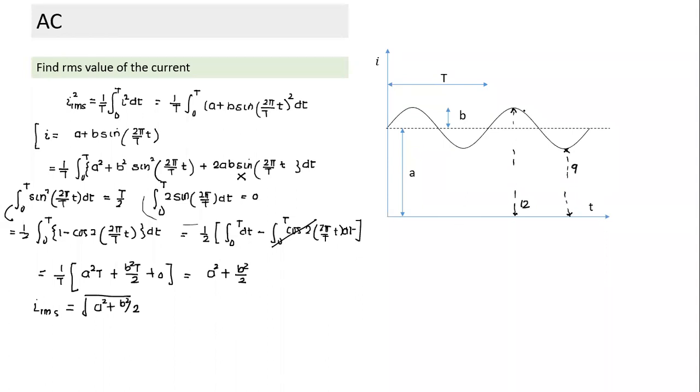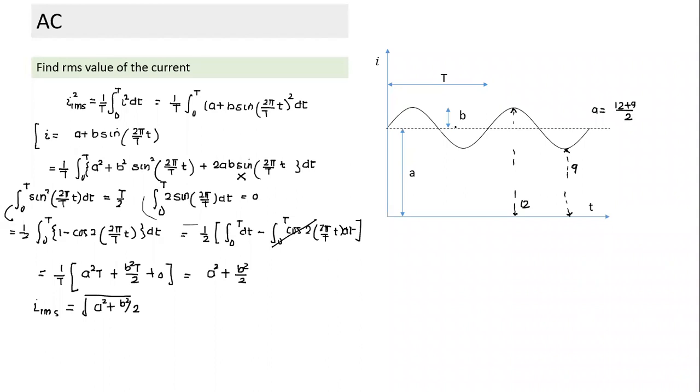All we need to do when maximum value and minimum value are given, what is A equal to? A is equal to the mean of the maximum and minimum value. So A will be equal to, in this case, 12 plus 9 by 2. And what would be the B?